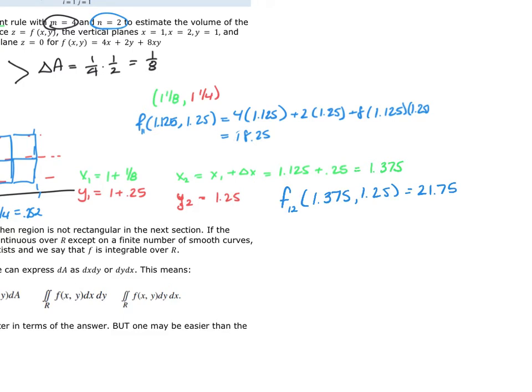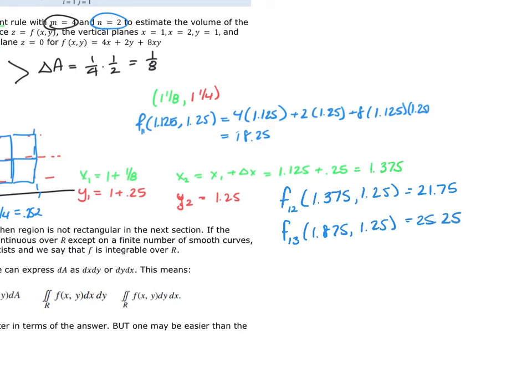And this is rather tedious and rather awful, if you ask me. But I would continue doing this, and so I'd find f of the first row, third box, which would be 1.625 and 1.25, and this ends up becoming 25.25.